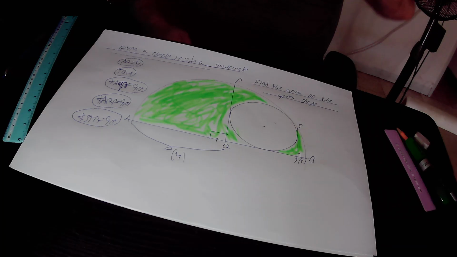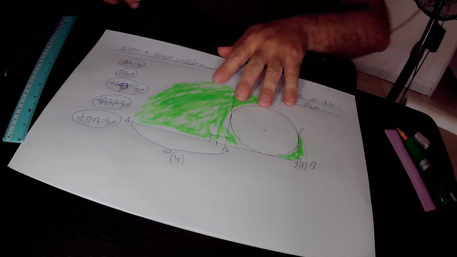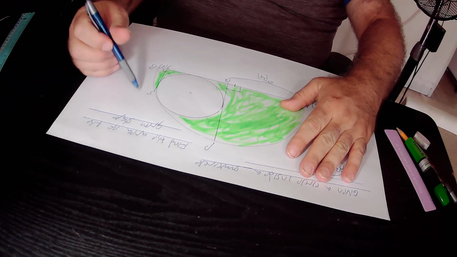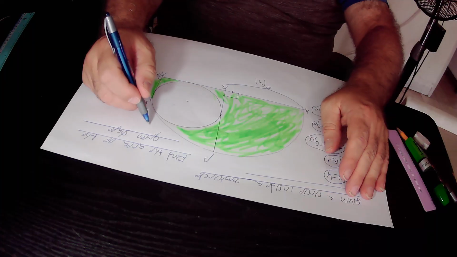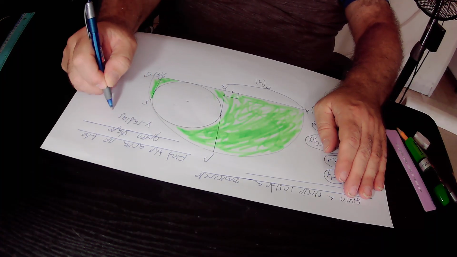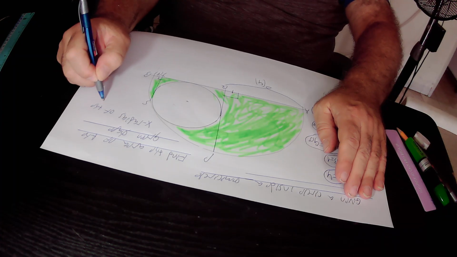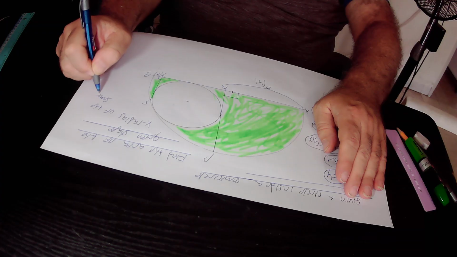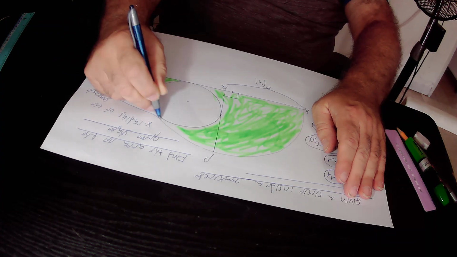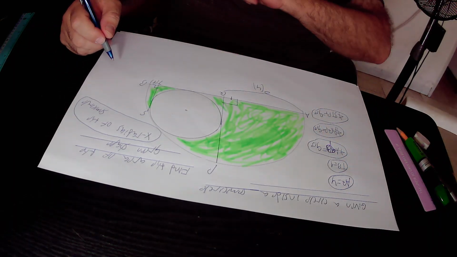So first of all, we will define the radius of the big semicircle as x. And the radius of this circle is y.